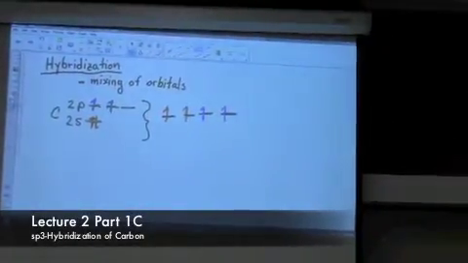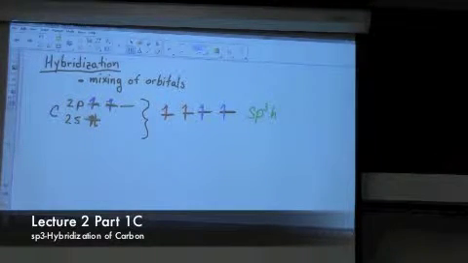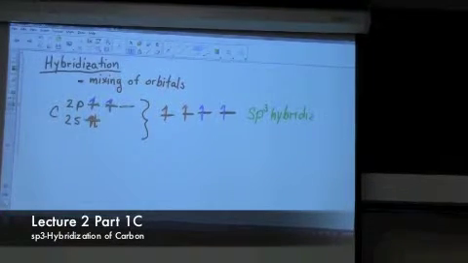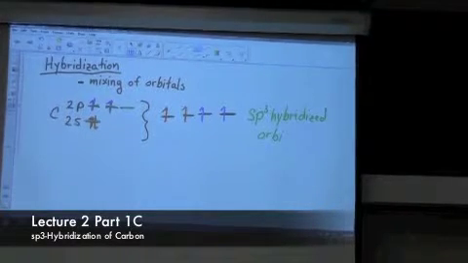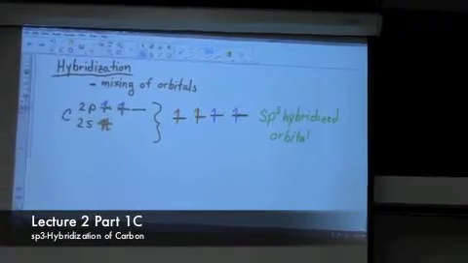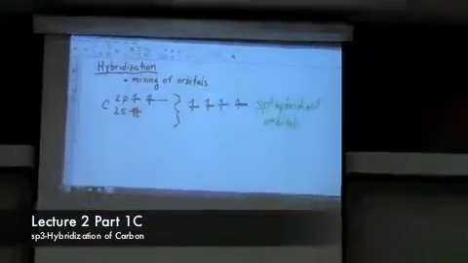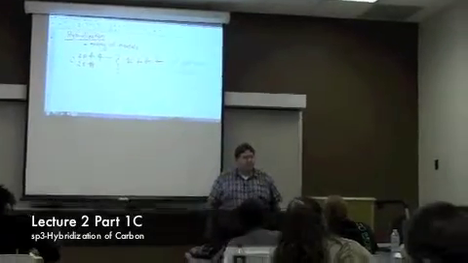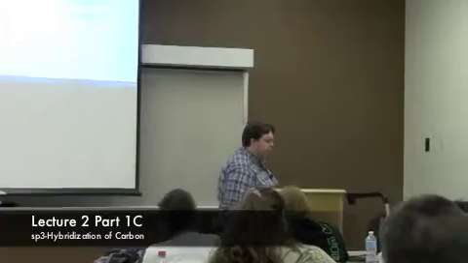So we call this sp3 hybridized orbitals. Now, there are other types of hybridization that carbon can take on that add to its versatility, but we're not going to talk about those just yet.